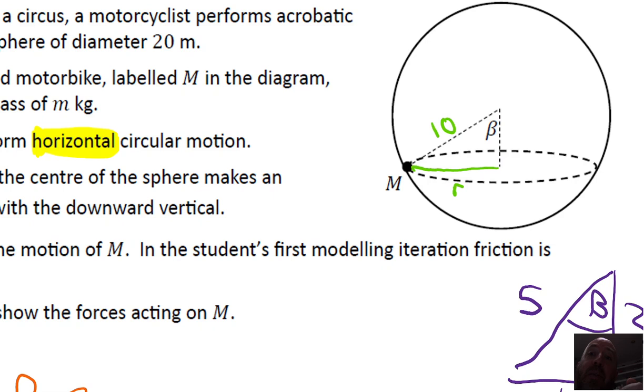From the diagram, we know sine beta equals r over 10. But we've worked out that sine beta is 4/5. So 4/5 equals r over 10. I think that means r has to be 8. So the radius of the circle that's happening is 8 meters.